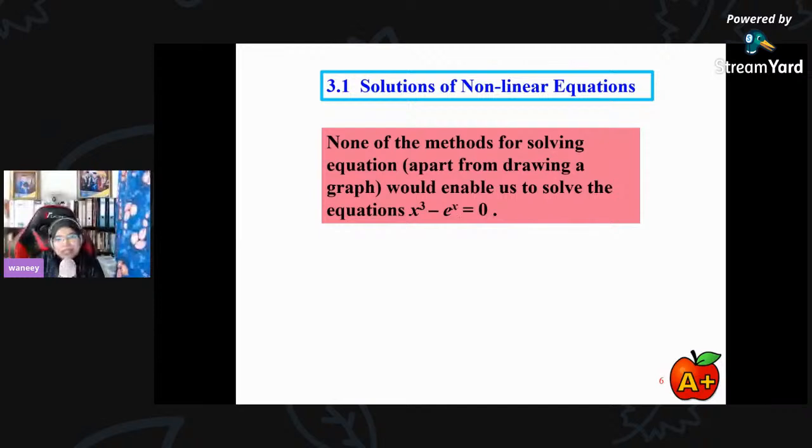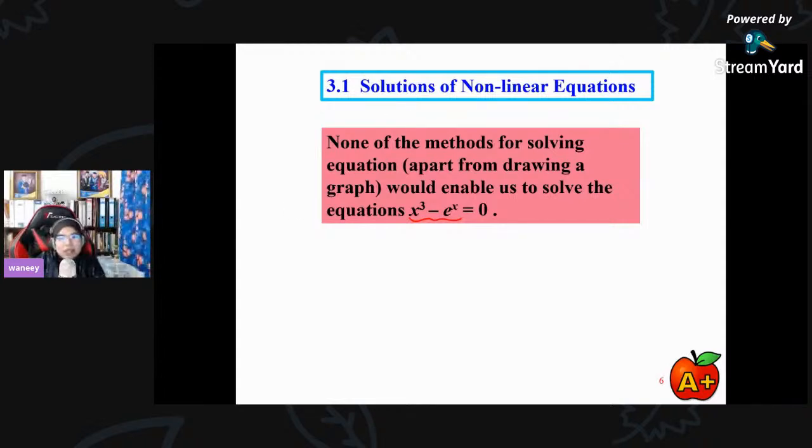As you can see, the methods that we use when solving a linear function, or a non-linear function such as a quadratic or cubic, we cannot use them to find the value of x for x cubed minus e^x equal to 0. Kita tak boleh nak jadikan x sebagai subject. So that is what we mean by we cannot solve them. We cannot make x the subject.